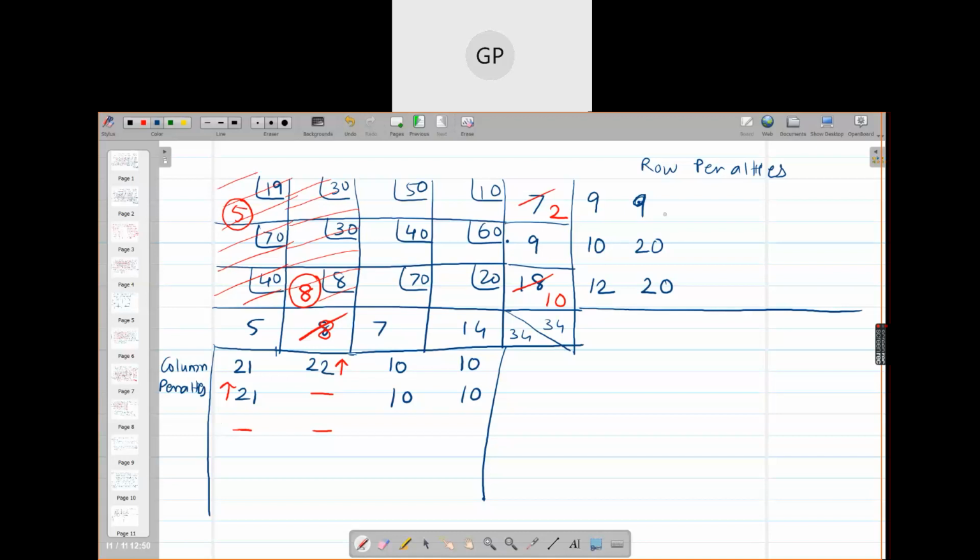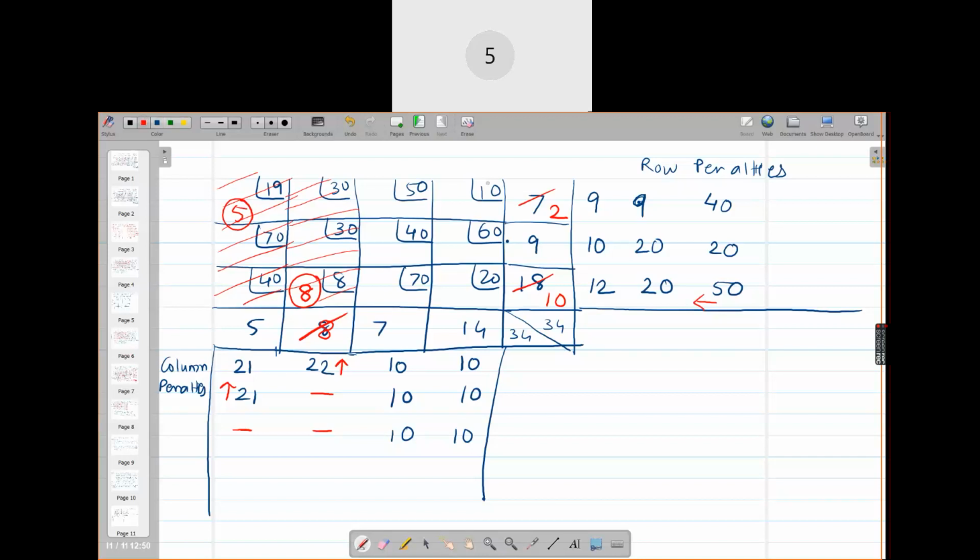The row penalties will be 40, 20, 50, then 10. Which one is the largest penalty? 50. That 50 corresponds to the last row.